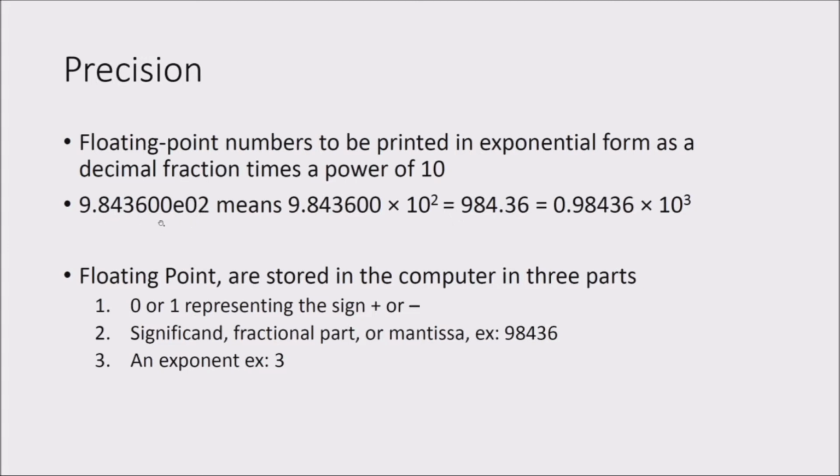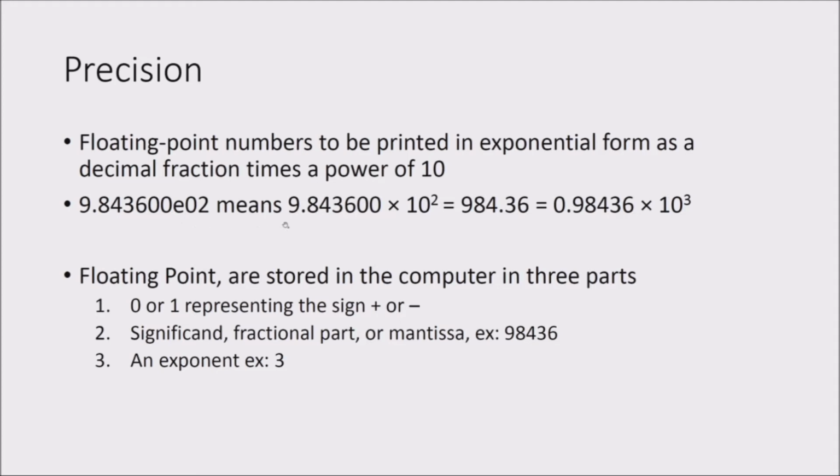This is not normalized, so you can see there is a number in front of the dot here. But when you store it in a computer, you actually don't have this dot here, it will be somewhere here. So this means you have 9.843600 multiplied by 10 to the power 2, obviously. So that is what it means.